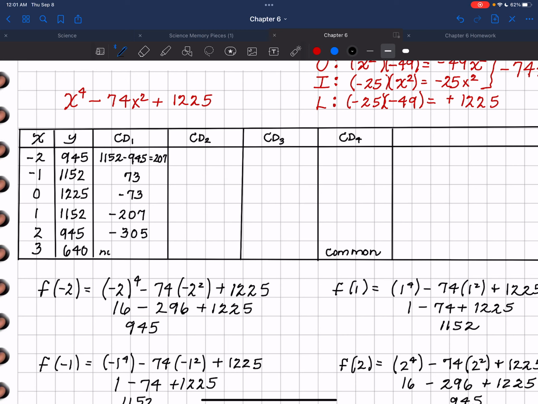So it's not common at the first level. I would not have expected it to be because it's not linear. Then 73 minus 207 is negative 134. Negative 73 minus 73 is negative 146. Negative 207 minus negative 73 is negative 134.